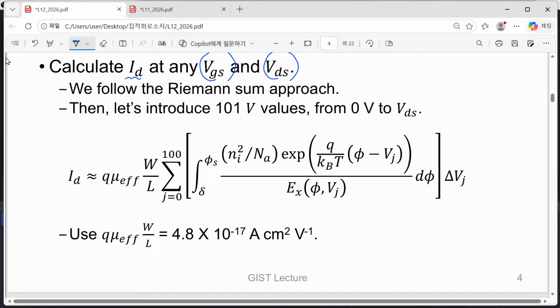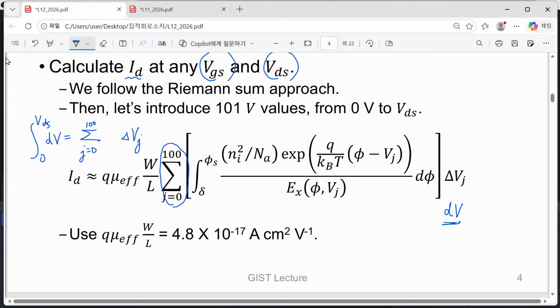Starting from our Pao-Sah integral, originally we have the integration over the electron quasi-Fermi potential V, but that is now converted into a summation. The integral of dV from 0 to VDS becomes the sum of delta Vj, from j equal to 1 to, for example, 100.